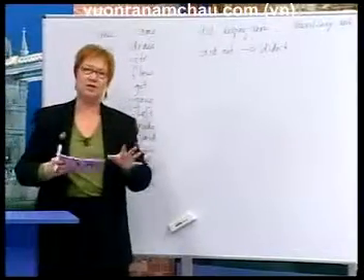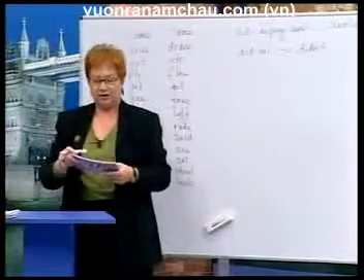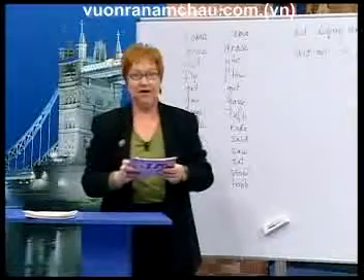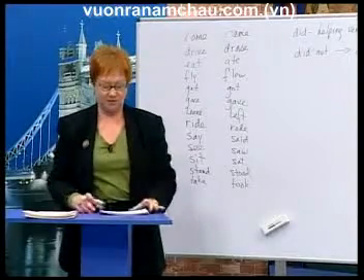If you look at the chart, you can see the difference in the sentences. So, if you look at the chart, you see subject, helping verb, negative, main verb, and the complement or the object. Now, if you look at the chart, the first two are positive.